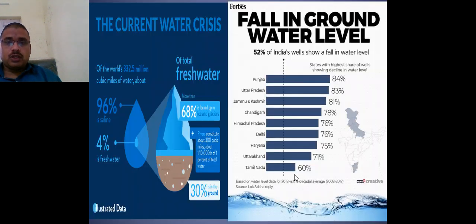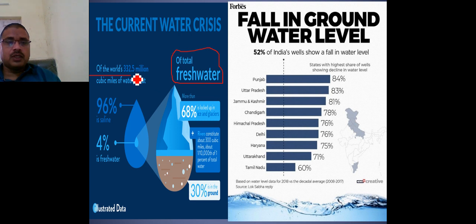Now the things are again given in front of you from the illustrated data of the world. 332.5 million cubic miles of water is available in total.